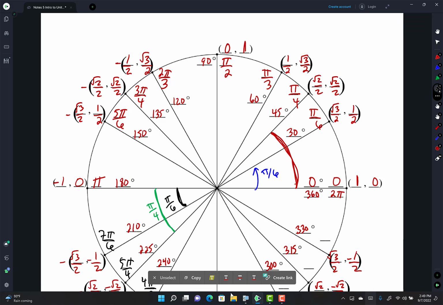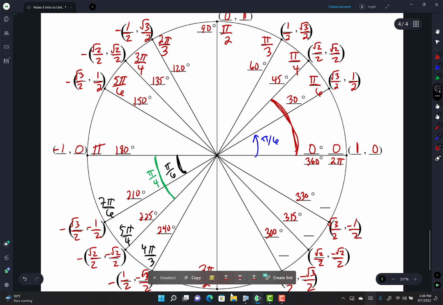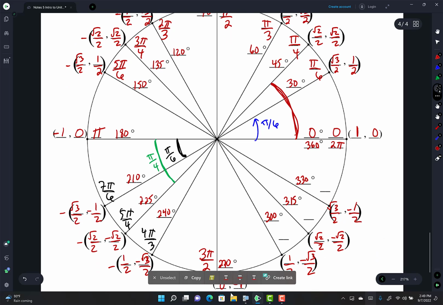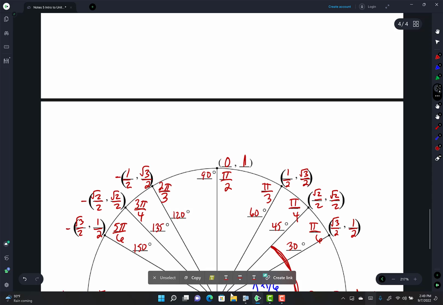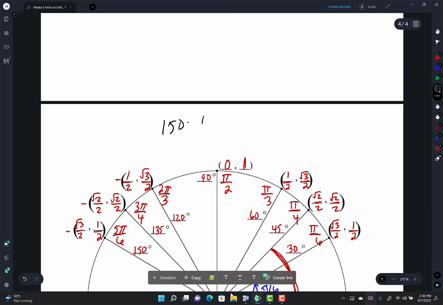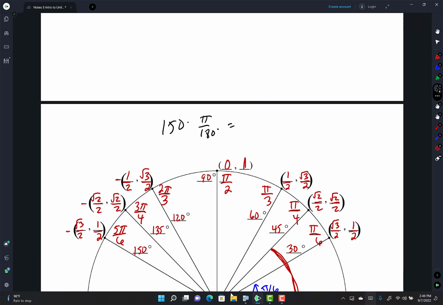You do the same thing for 45, and for 60. You can do the same thing for 150 degrees. Look, 150 times pi over 180, and notice that 3 goes into 15 5 times and into 18 6 times.